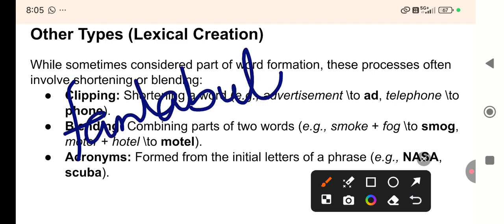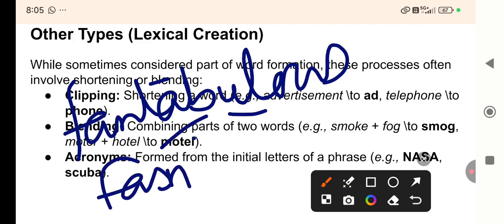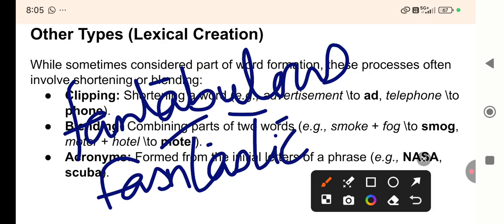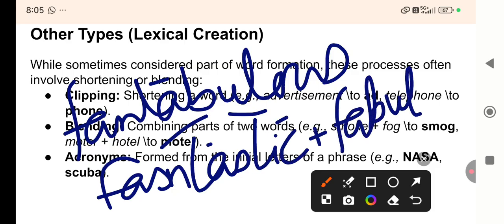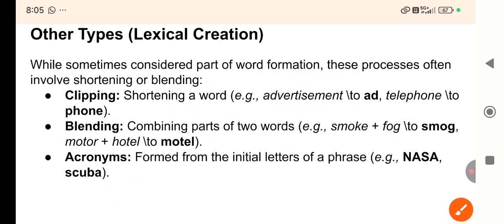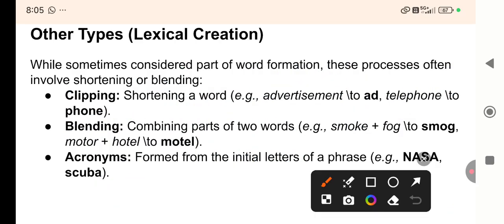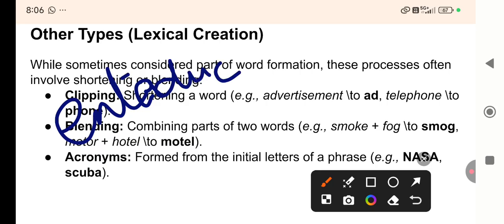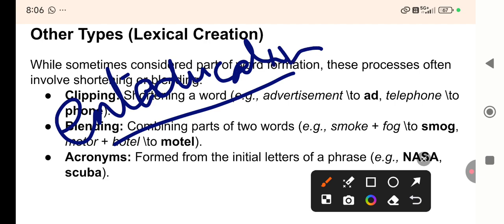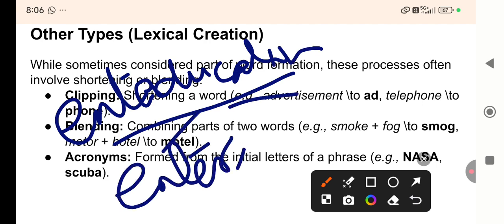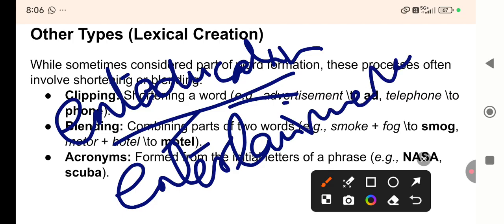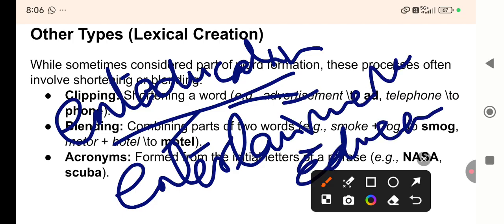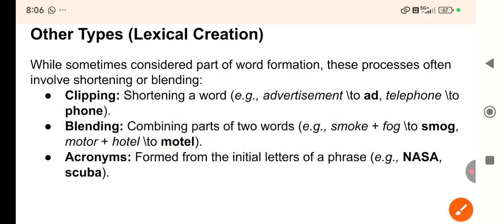Another example, edutainment, from entertainment and education. Those are two words combined, so that is blending.